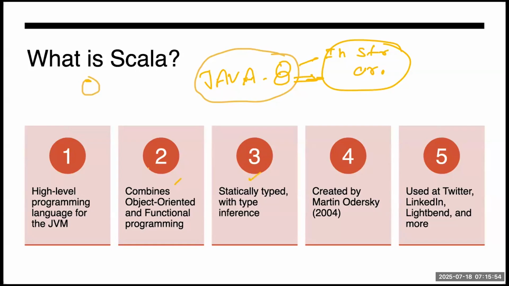Now, statically typed with type inference. What statically typed means is what I told you about compile time and type safety, like in Spark with datasets. Similarly, Scala also checks all the types during compile time.